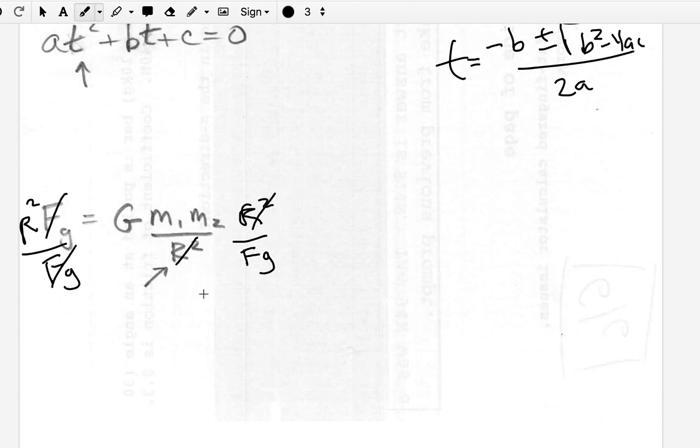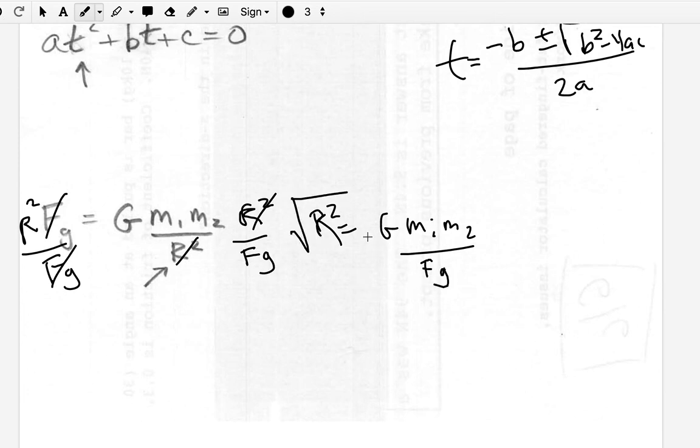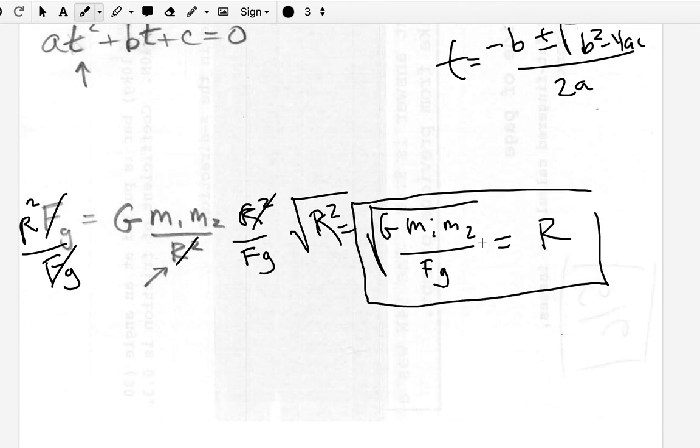These r squareds cancel. This is all by design. And we get r squared is equal to, what's big R? G, m1, m2, and that's it, divided by fg. And then take the square root of both sides, and we get that this thing is equal to r.